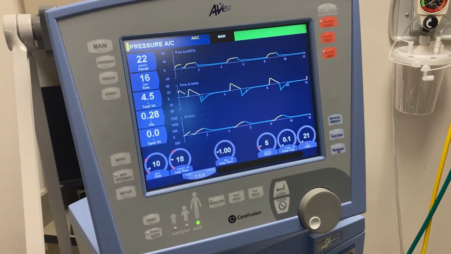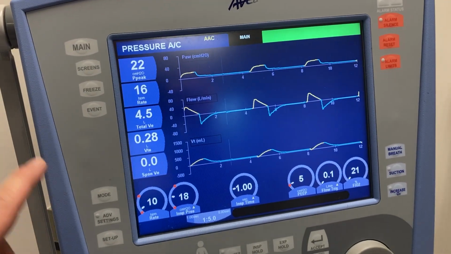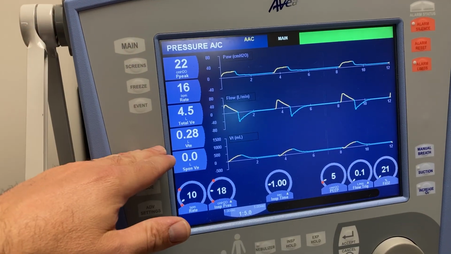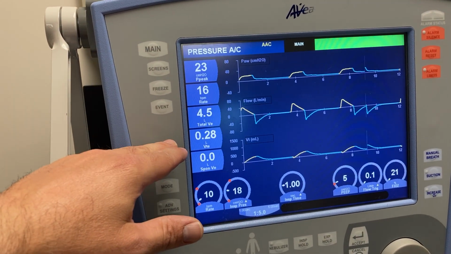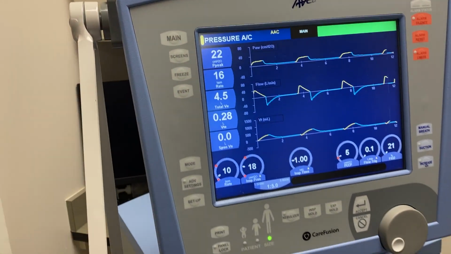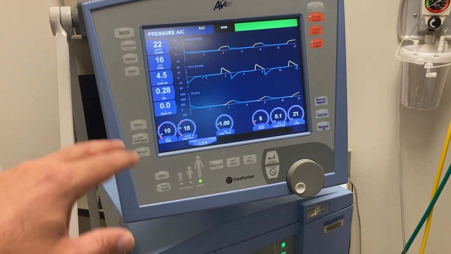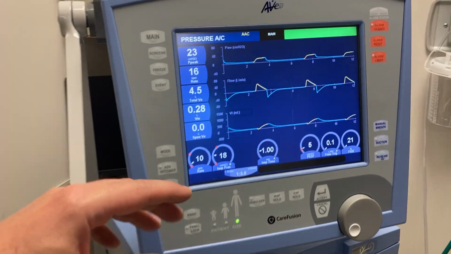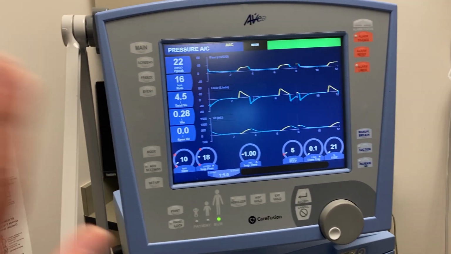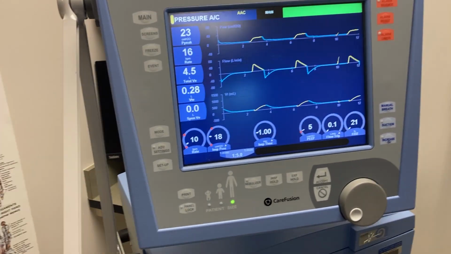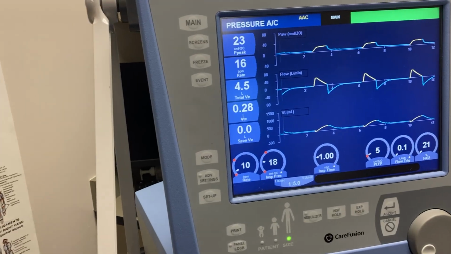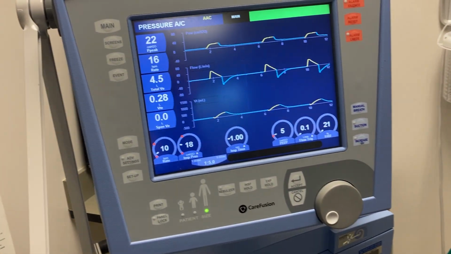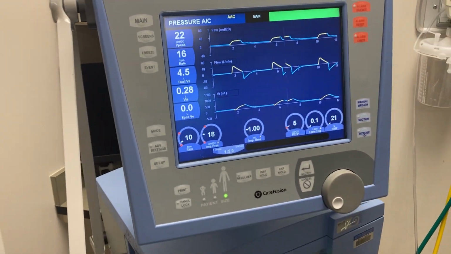But the point I'm getting at is, let's assume that at a rate of 10, without any additional breaths over that, my minute ventilation is going to be roughly 2.8 or 2.9 liters, depending upon the tidal volume, because respiratory rate times tidal volume equals minute ventilation. Let's say that under those circumstances my blood gas was perfect for the patient: 7.40, 40, 90, 24, as far as pH, PaCO2, PaO2, and bicarb.